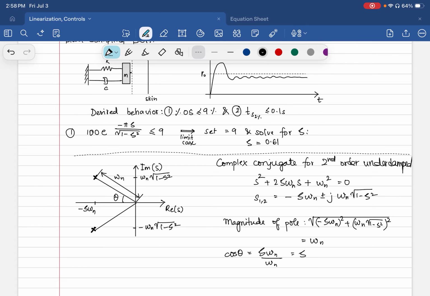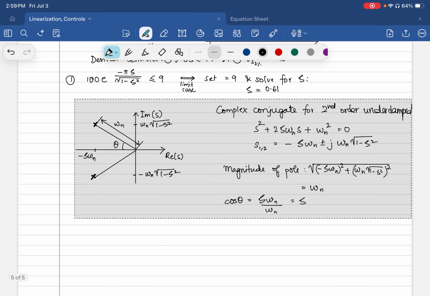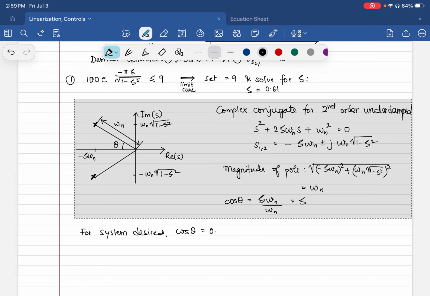I'm going to box it. And from this analysis, we now have something we can use, which is basically that for the system in consideration, we have cos theta is equal to zeta, which is 0.61.